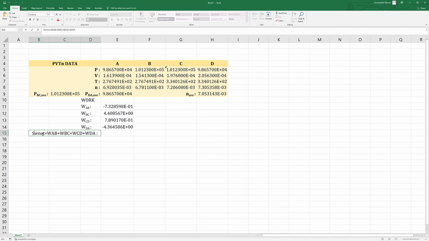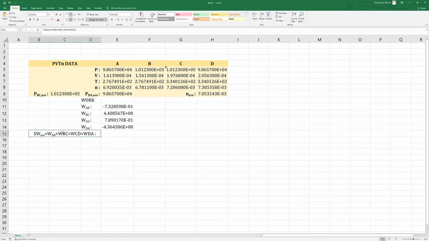Let me change this lowercase w to an uppercase W, and let me do some subscripting. Change the font of this capital letter S to be that of symbol, and that's how you get the summation symbol.